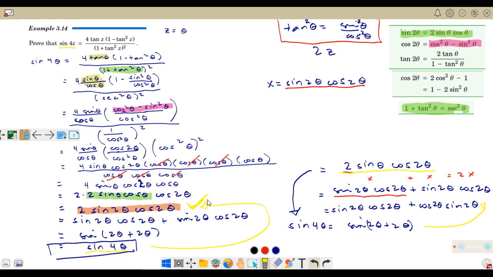Okay? So, yun yung isang technique for proving. As long as you will be able to make the left and the right-hand side equal to one another, good yun. As long as you are not violating any rules in algebra or in any branch of mathematics, good yun.